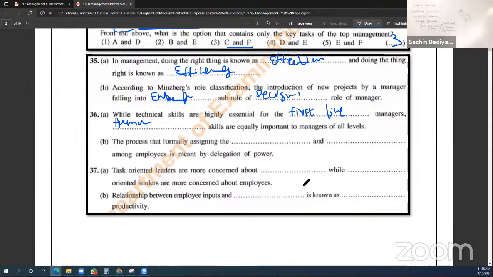Let's say you are the marketing manager of a company where you receive the authority of spending the budgeted expenses for the marketing campaigns. So you have that authority. But at the same time, when sales drop, let's say by 10%, after that you are responsible as well. Now the process that formally assigns the responsibility and authority among employees.